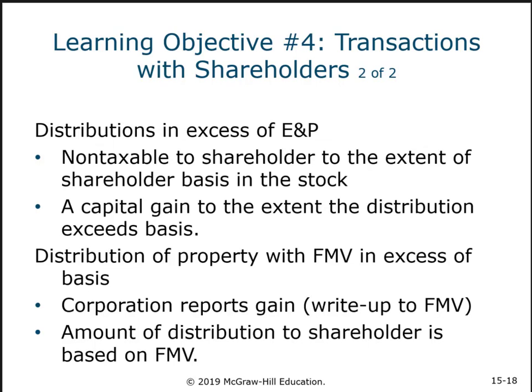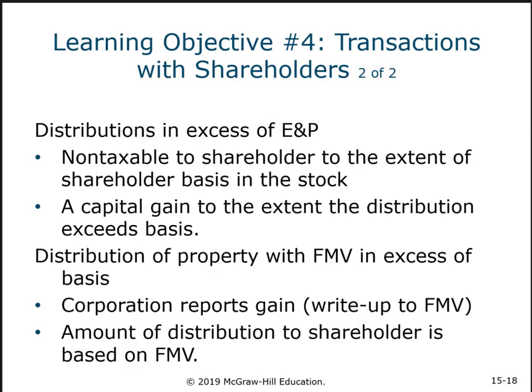If you distribute more than is in earnings and profits, all right, so if the earnings and profits are $50,000 and the distribution is $60,000, then the first $50,000 would be a dividend. Any additional $10,000 would be a return of their basis in the stock.